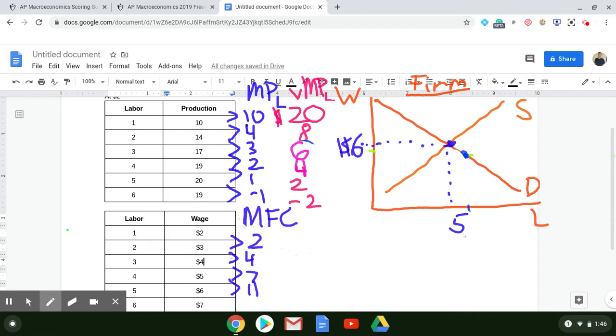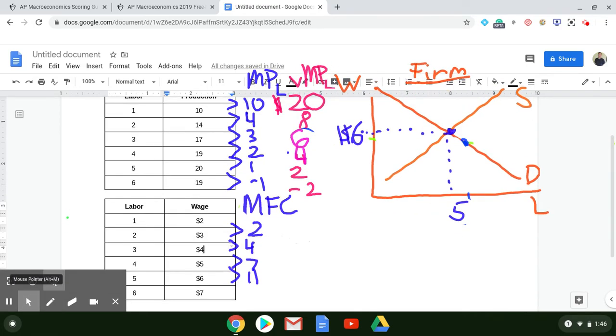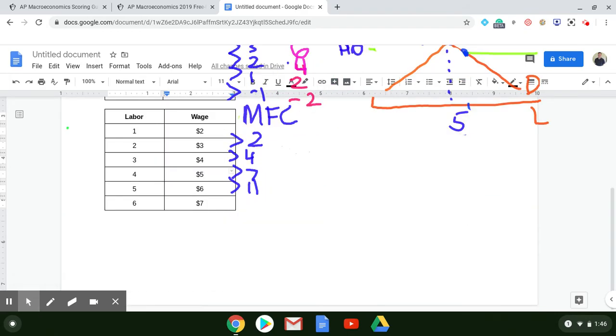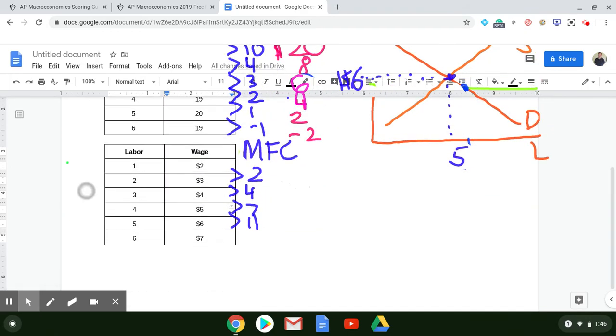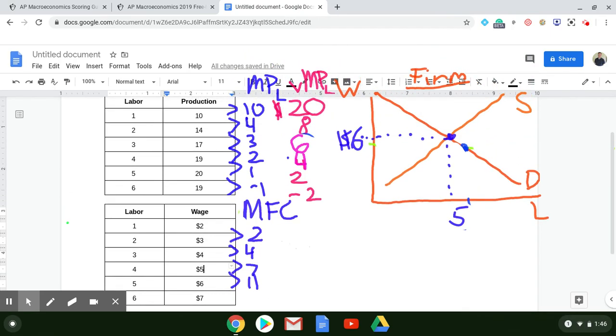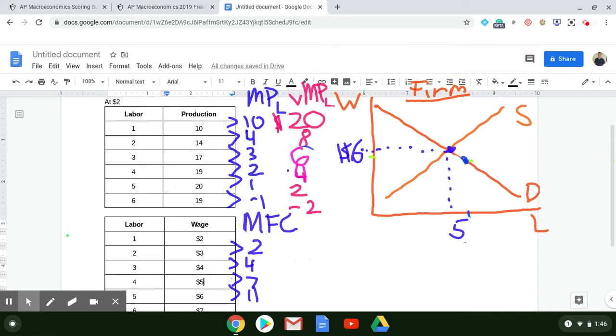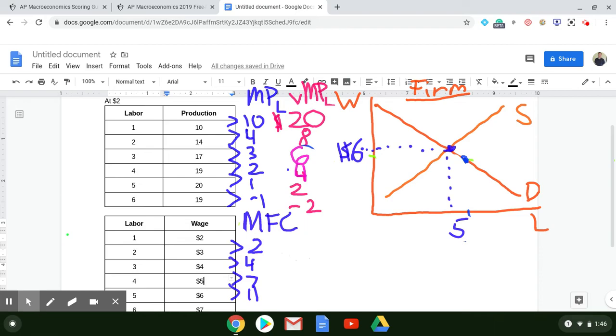The fourth person is gaining $4 more dollars for you. But now this fourth person is costing you $7 extra. That is a problem. You're not going to hire him, and that's because you'd have to raise everyone else's wages.